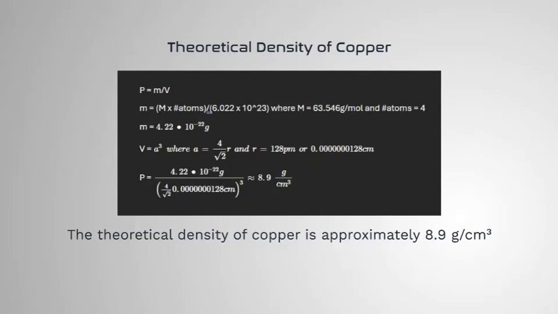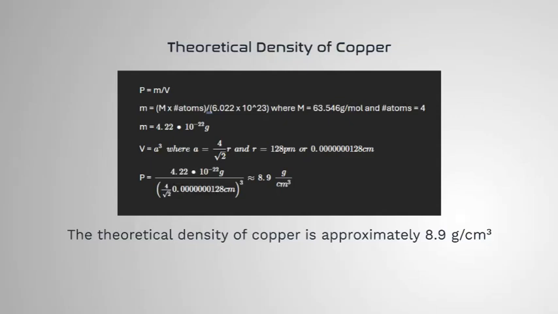So now we're going to find the theoretical density of copper. Same formula as before, ρ equals M over V, with the mass equaling the molar mass times the number of atoms divided by the constant. This time the molar mass is 63.546 grams per mole, and the number of atoms in the FCC structure is 4. So the mass equals 4.22 times 10 to the negative 22nd grams.